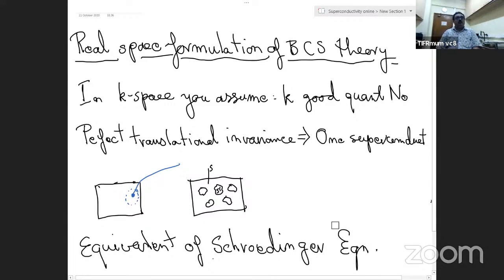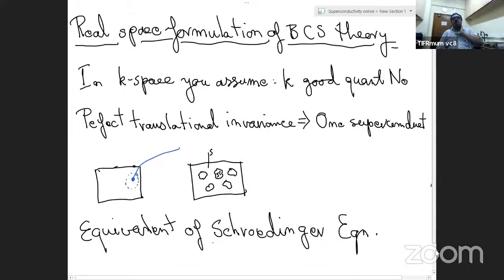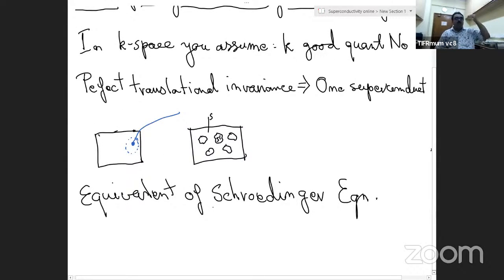So how do I get this equivalent of the Schrodinger equation? In principle that's easy, because I know how to go from the first quantized representation, which is the Schrodinger equation, to the second quantized representation. Now I have to go from the second quantized representation back to the first quantized representation. That will be the equivalent of my Schrodinger equation.